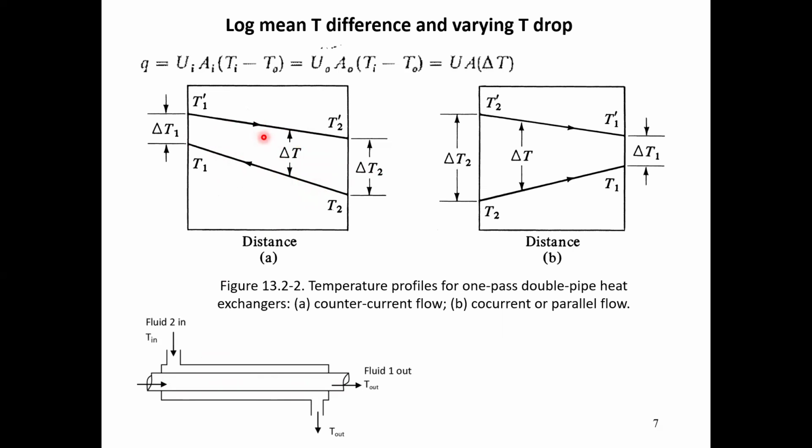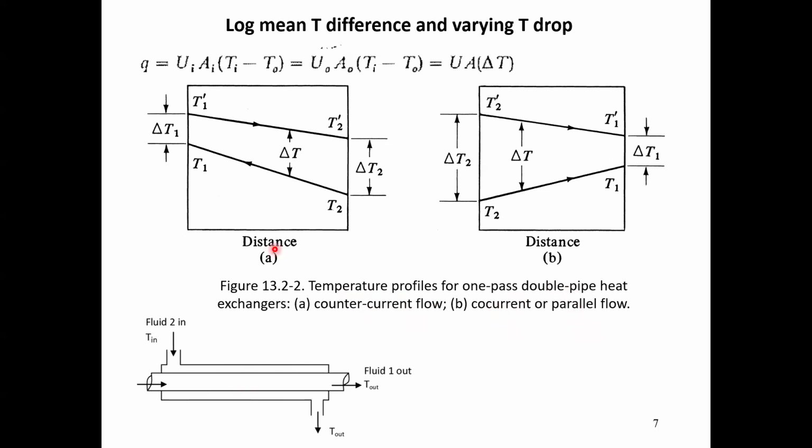Now I will switch to a slightly different concept but associated with heat exchangers. The double pipe heat exchanger that we are discussing here can either be designed as a counter current heat exchanger or a co-current heat exchanger.